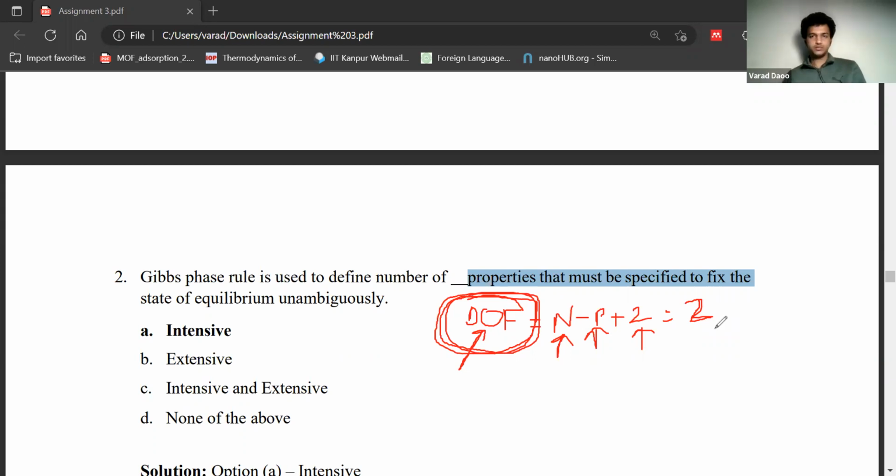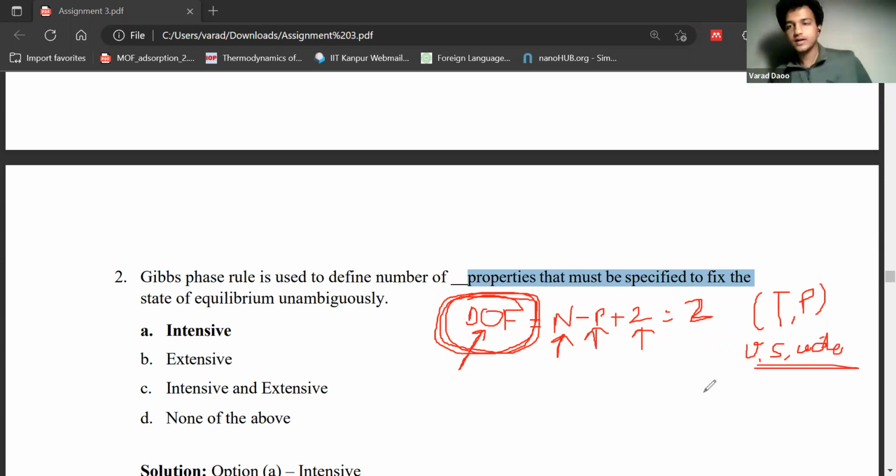Like for example, when degree of freedom comes out to be 2 and you fix the temperature and pressure, all other properties like volume, entropy, internal energy, etc., automatically get fixed, right? Any intensive or extensive properties, they automatically get fixed. That is the definition of degree of freedom. Okay, so the option is going to be option A, intensive.